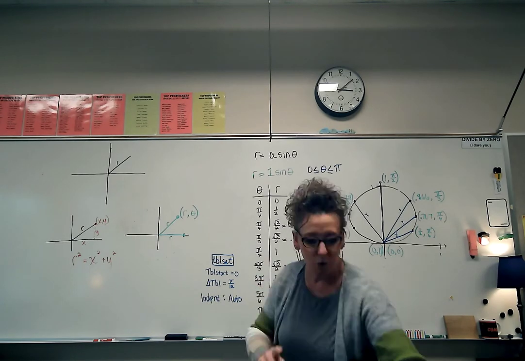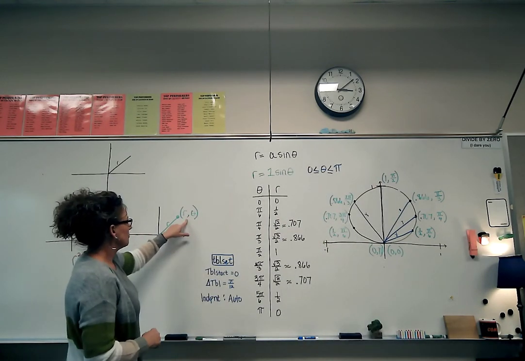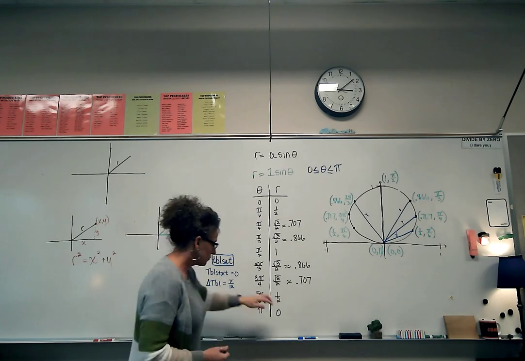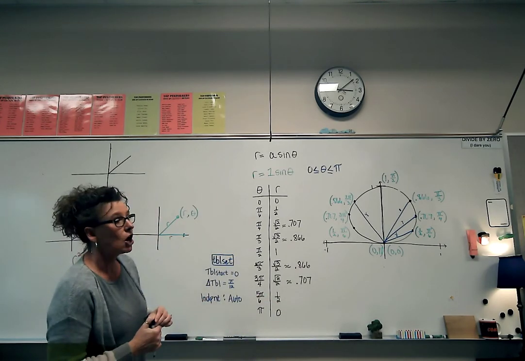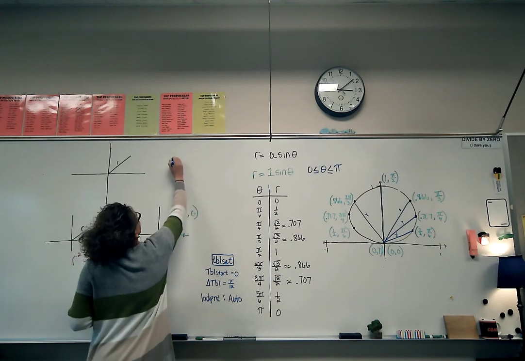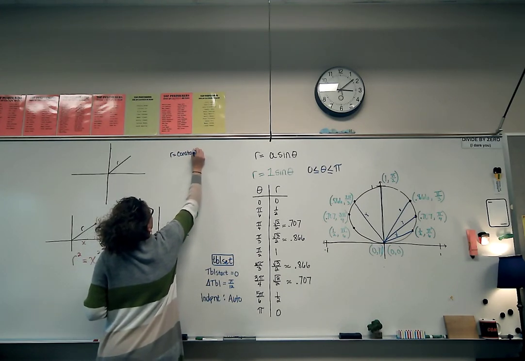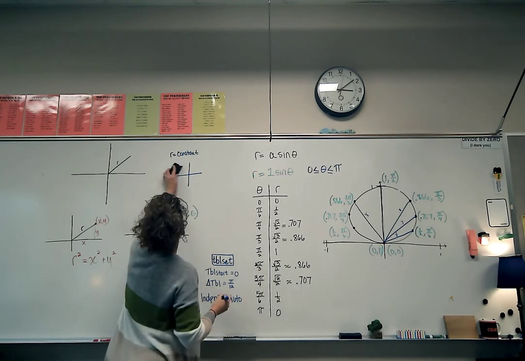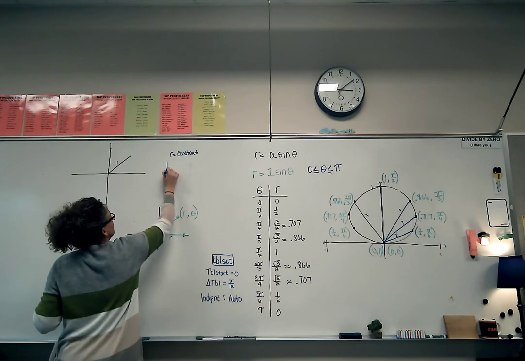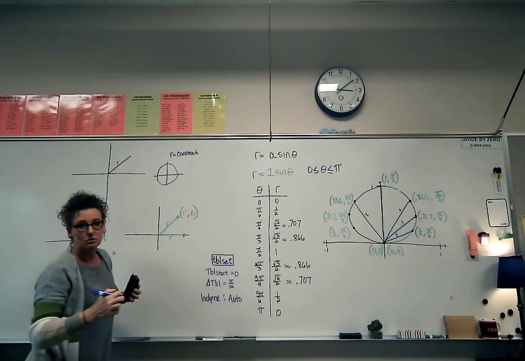Okay? Oh, one more thing I wanted to tell you. When you have a polar graph and your radius is a constant, that means, I'm going to run out of room here, that means your angle can be anything, and that's what gets you a circle centered at the origin.